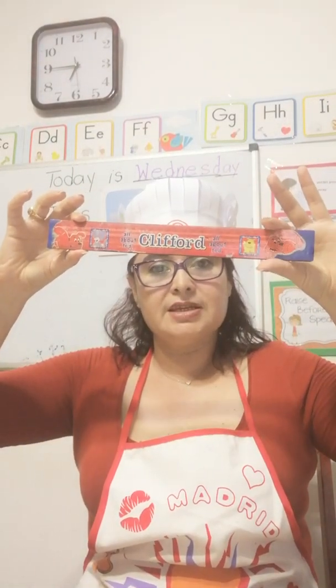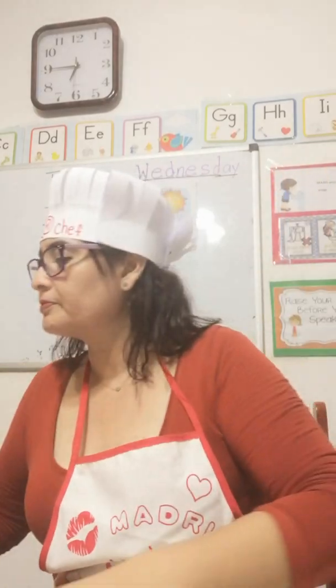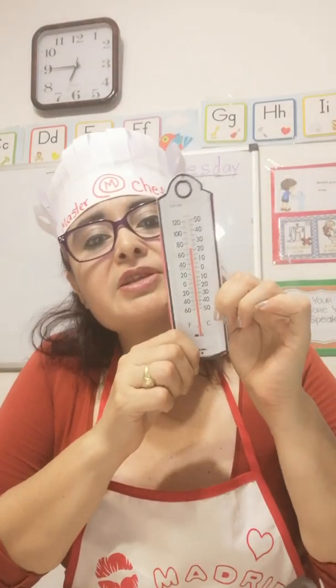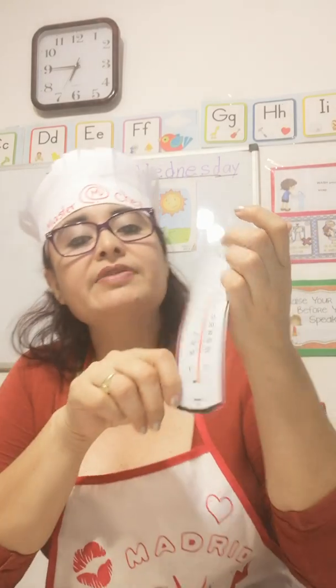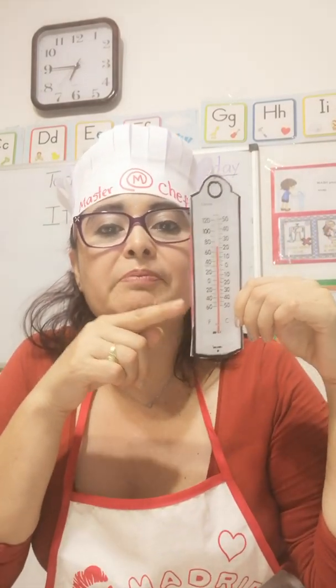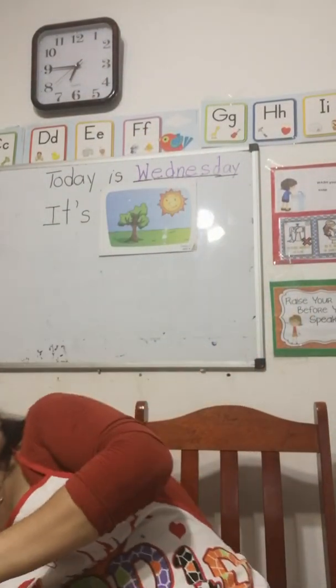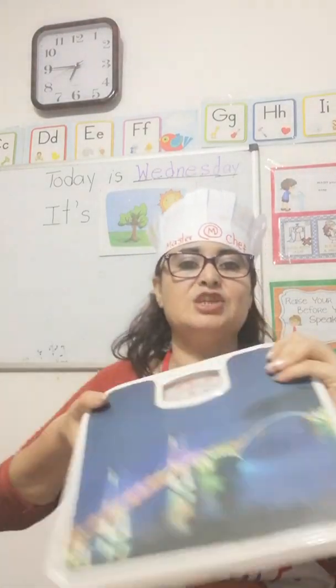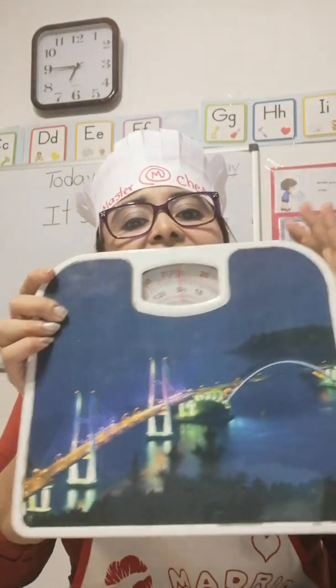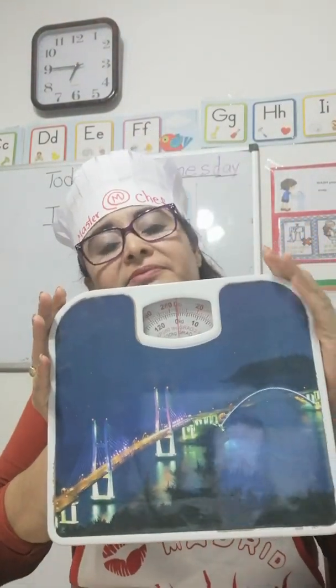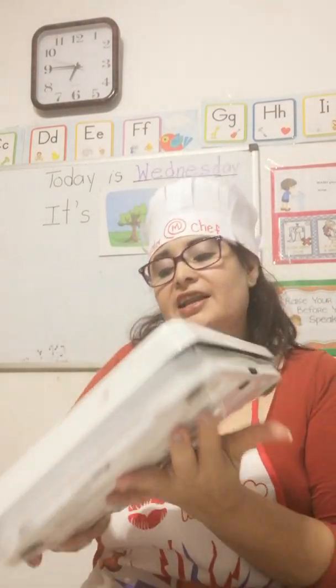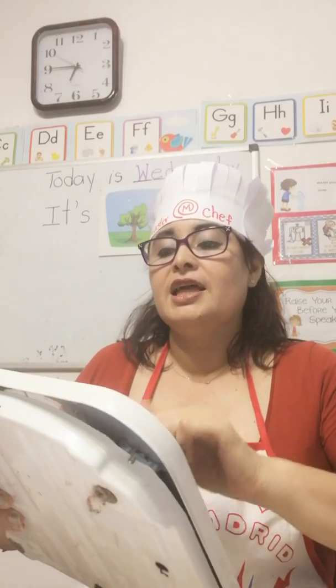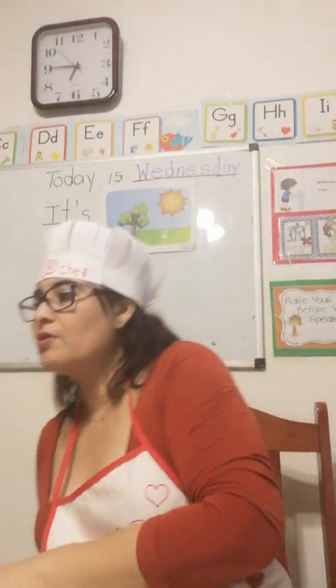Ruler is another tape measure. Thermometer, it is the one that we use to measure temperature. And I'm going to show you another one, this one. The scale, this is a bathroom scale. If you want to know your weight, you step on it and then it is going to show you your weight.